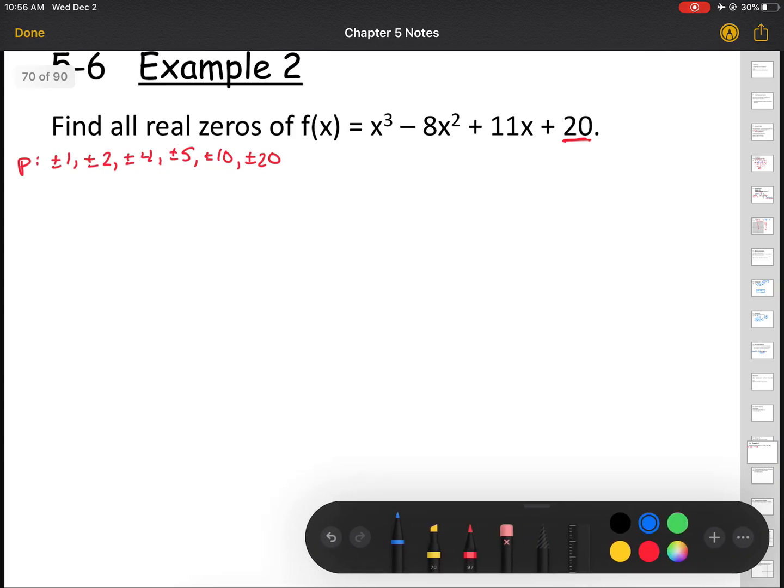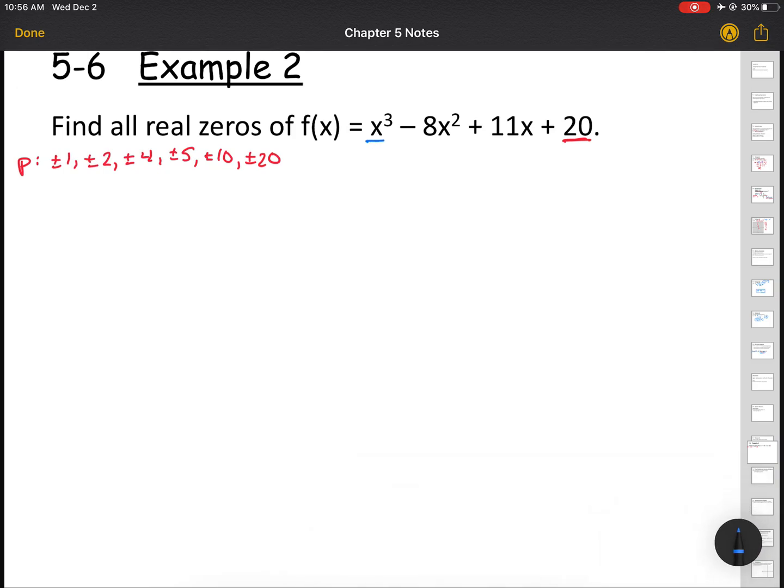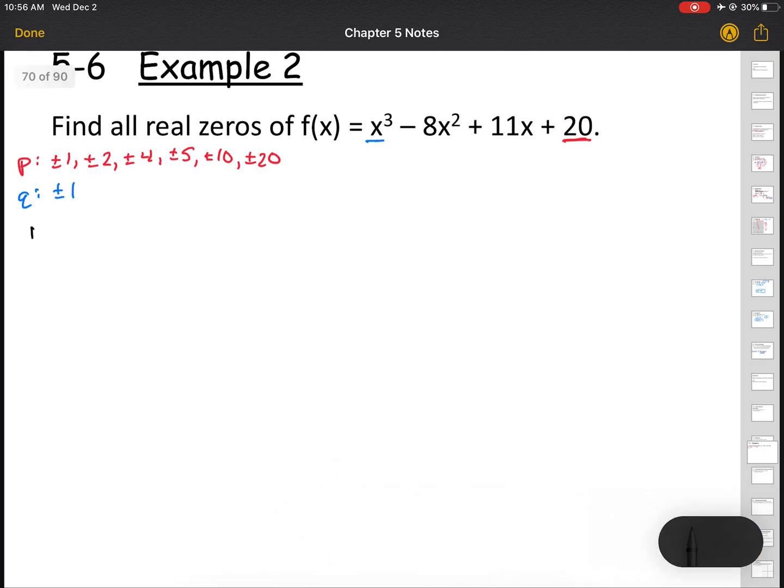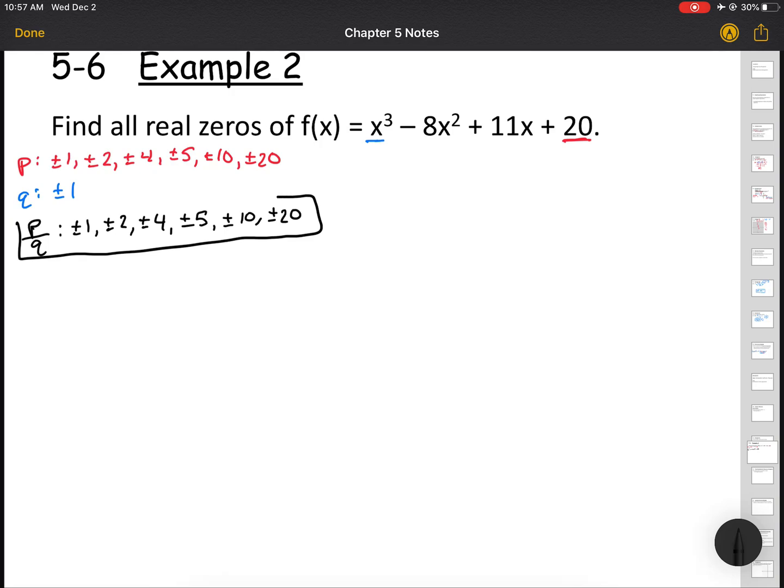Then I've got to figure out my q factors, which is just my leading coefficient, which is 1. So my p over q, or my possible rational zeros, are plus or minus 1, plus or minus 2, plus or minus 4, 5, 10, and 20. So here's what I'm working with.